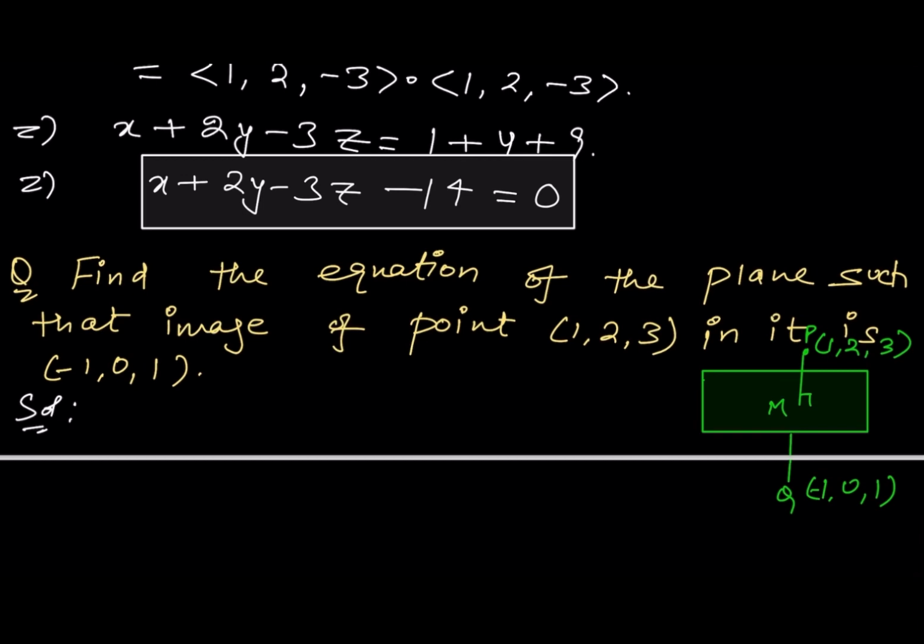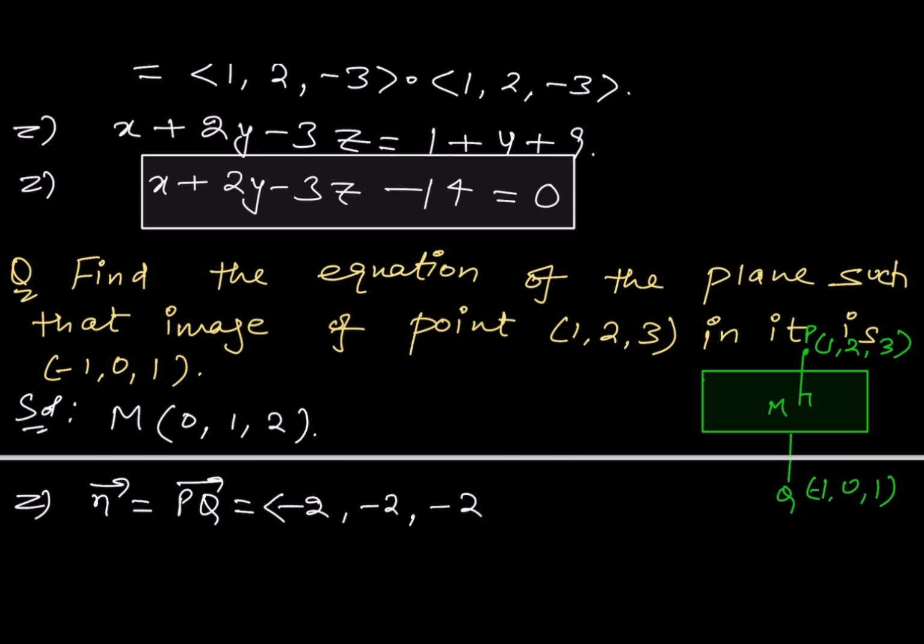So here M would be (0, 1, 2). Okay, also the normal vector can be PQ vector, which is Q vector minus P vector, which is (minus 2, minus 2, minus 2).